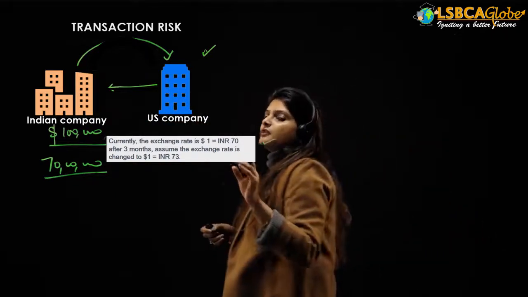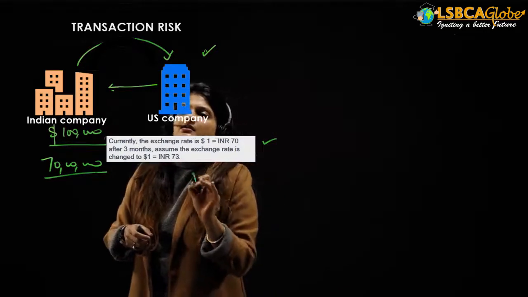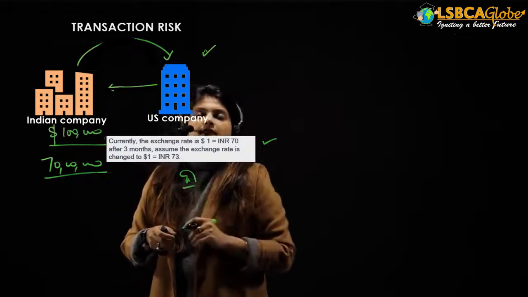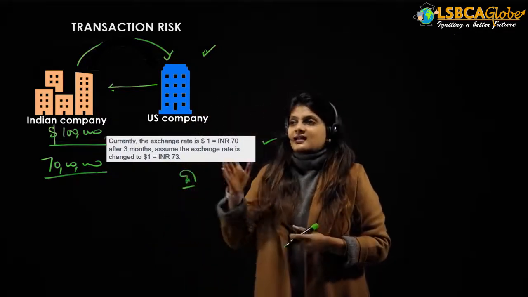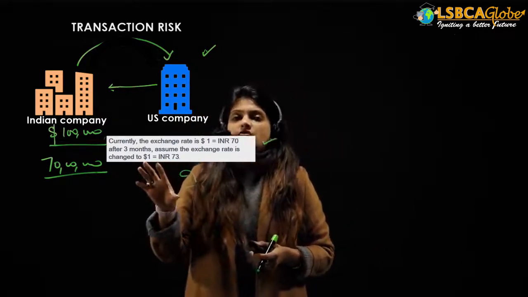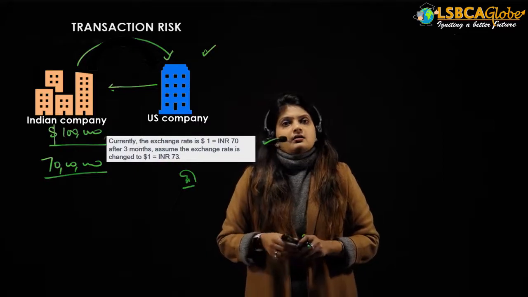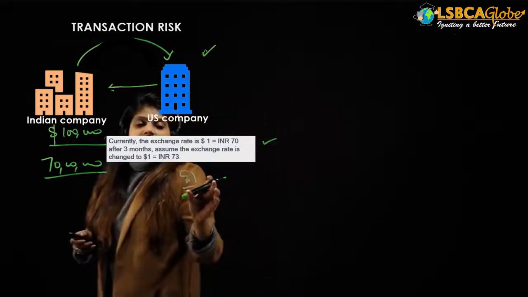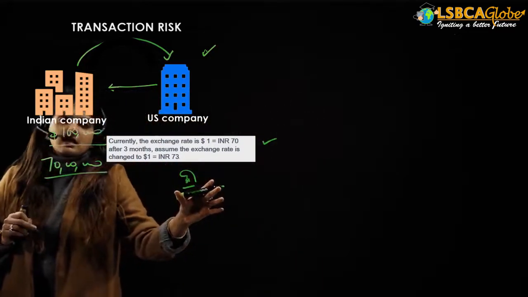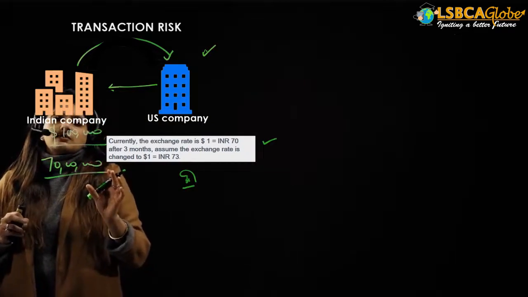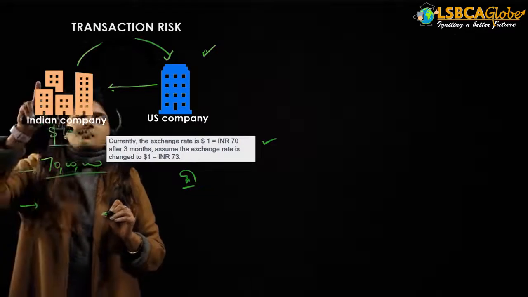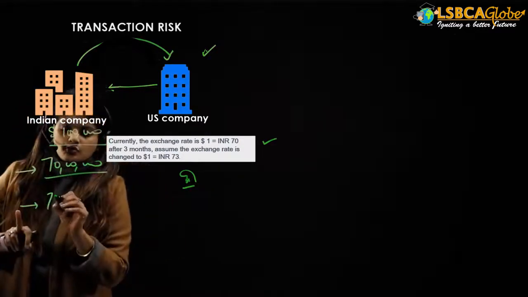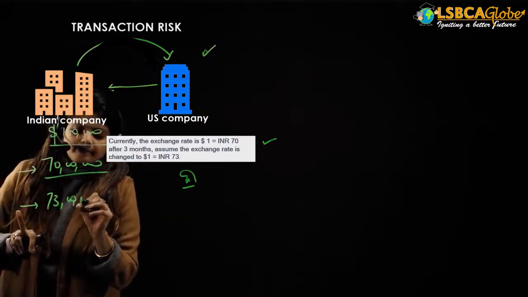But what if the payment needs to be made after a period of 3 months? Say the exchange rate changes to INR 73. Now, if the exchange rate changes to INR 73, what payment do we require to make? After 3 months, the payment required to be made by the Indian company would turn out to be 73 lakhs.